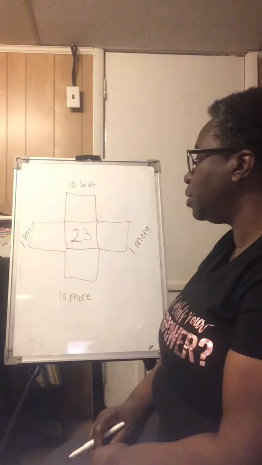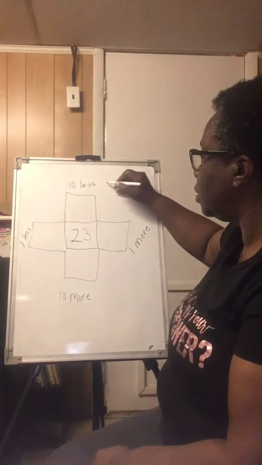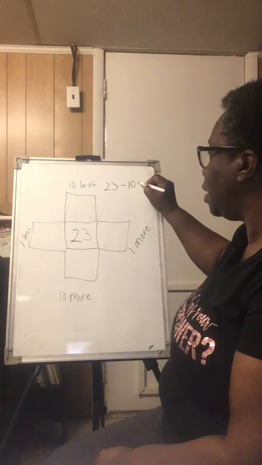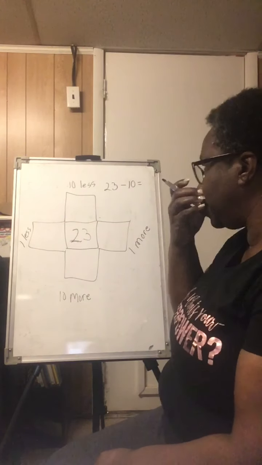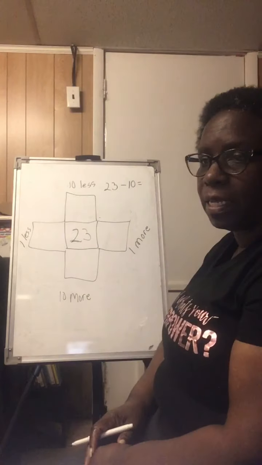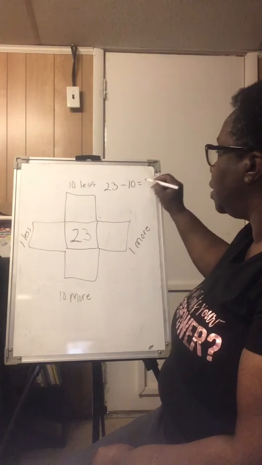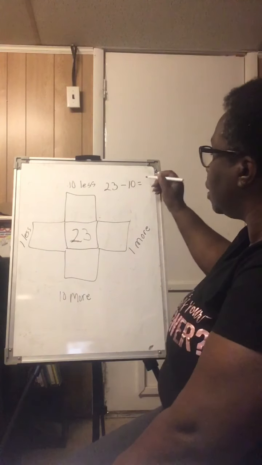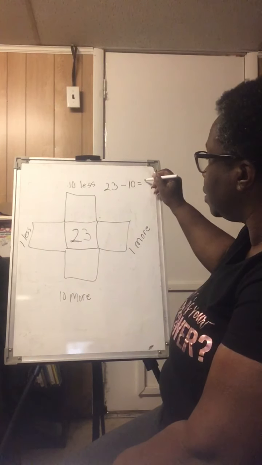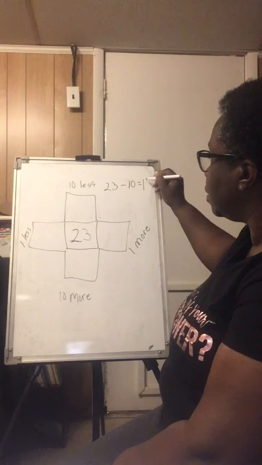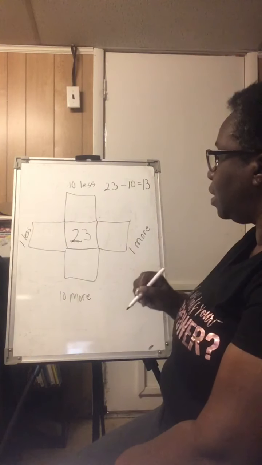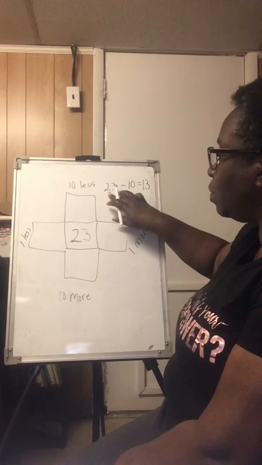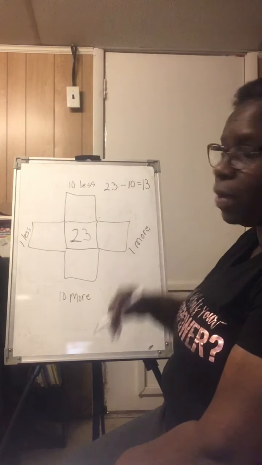What's 10 less? That means 23 minus 10 will give us our 10 less. So that would give us 13, because we took 10 off of that. We took one of our 10s away.